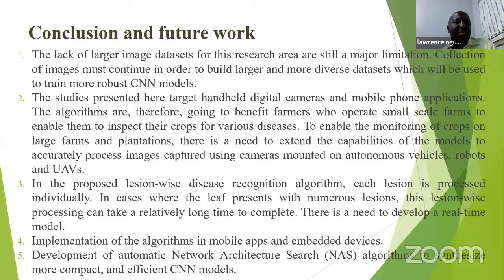Fourth, which is tied to the second one, is to implement these algorithms on mobile applications and embedded devices. And fifth is to continually develop more compact architectures using, for example, the current network architecture search algorithms, to develop more compact and efficient models without sacrificing accuracy.